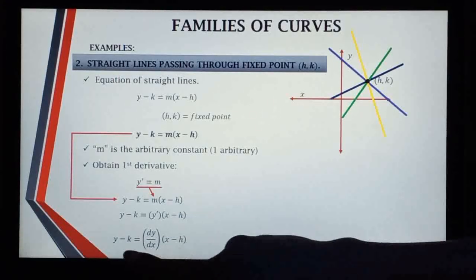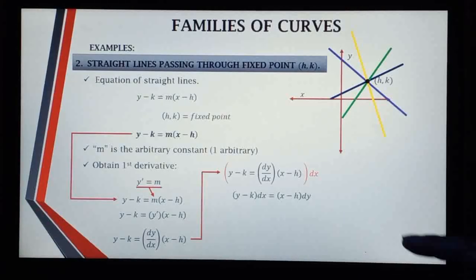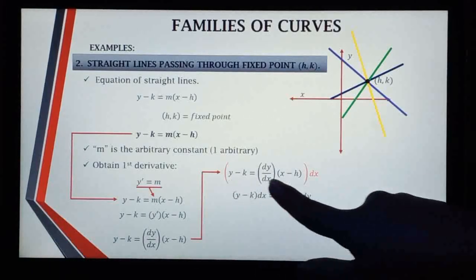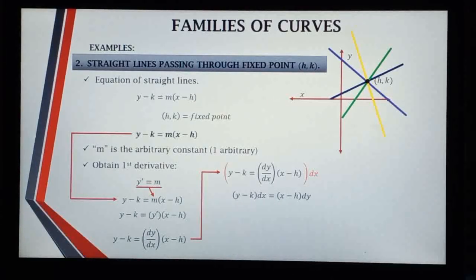Ang magiging equation mo na ngayon is y minus k equals the quantity of dy over dx multiplied to x minus h. So, simplifying that equation by multiplying the equation by dx, you have to distribute the dx. So, ang mangyayari, you will have (y minus k) dx equals (x minus h) dy.